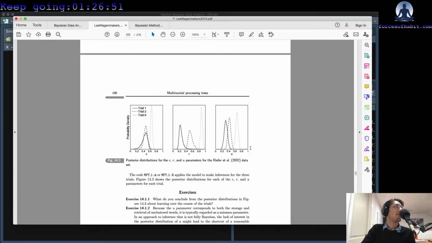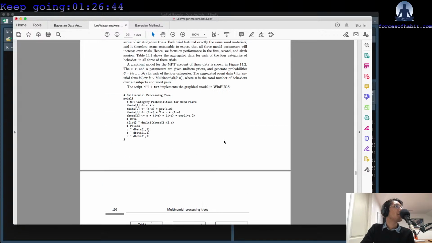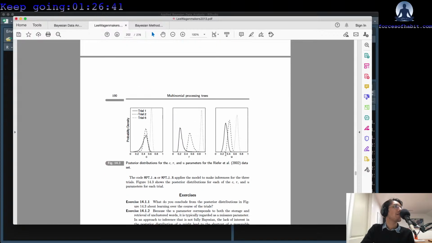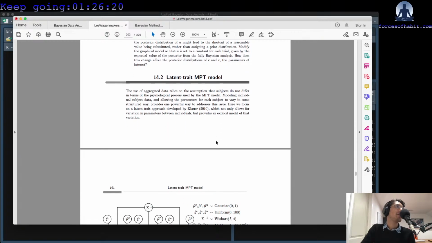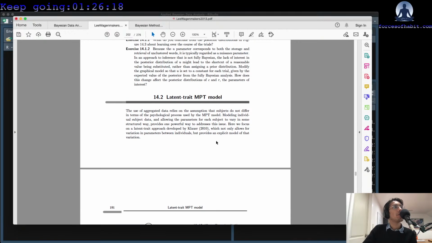And we saw that we could specify U, the unique retrieval parameter, as a nuisance parameter, because we're not really interested in that. We're interested in clustered retrievals. So we could specify this as a constant, and it didn't actually impact the posterior distributions across either C or R. That's basically what we learned from those examples.